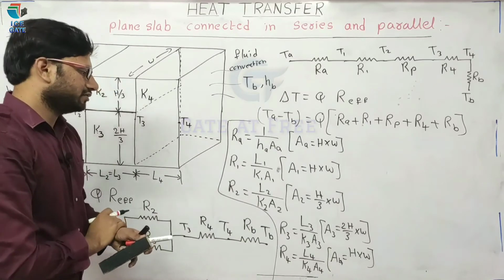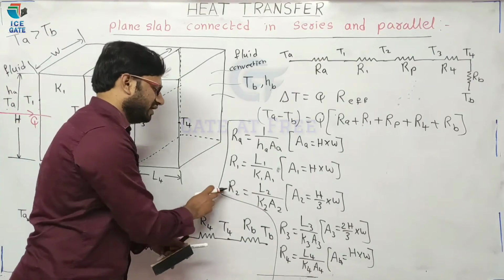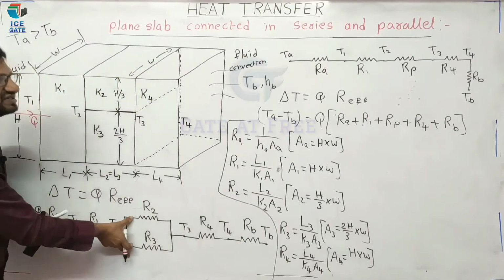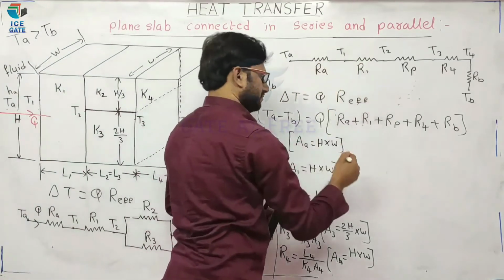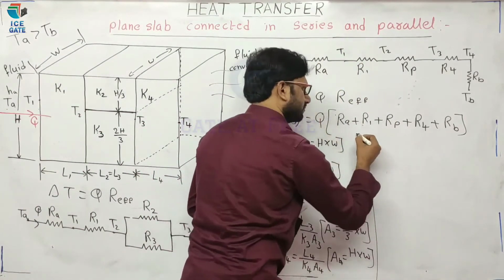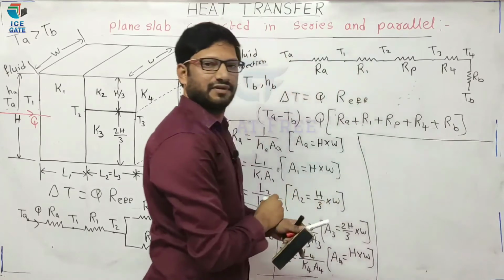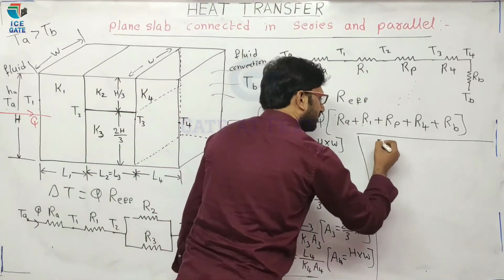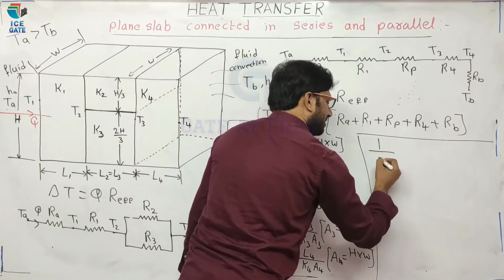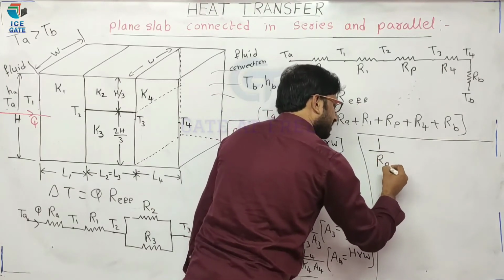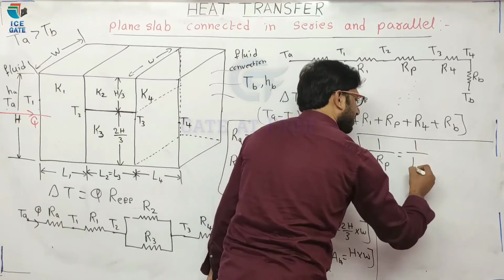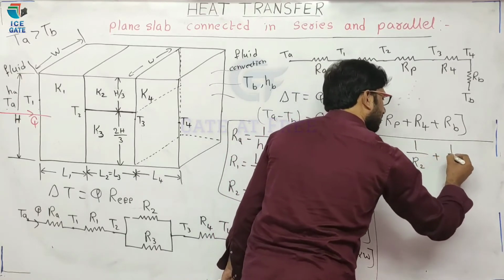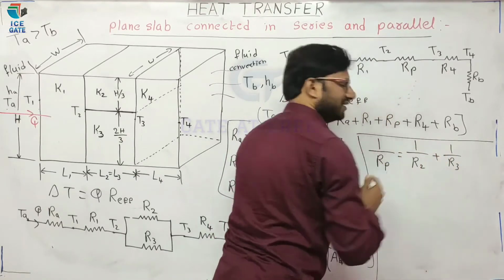Okay. Now, how to find out the parallel resistance RP? We know the formula. For parallel resistance, 1 divided by RP is equal to 1 divided by R2 plus 1 divided by R3.